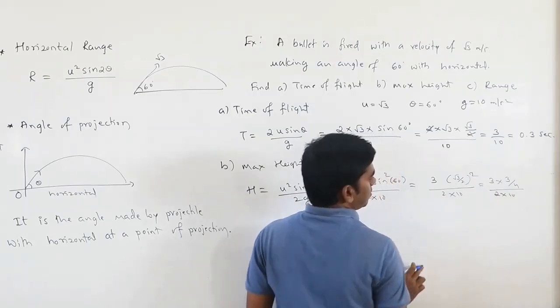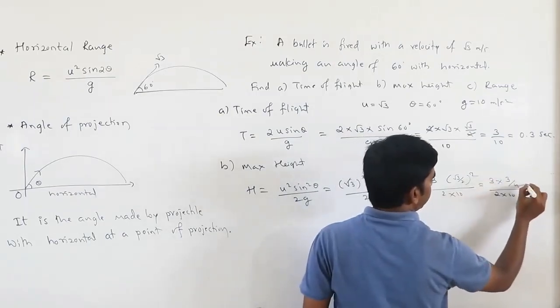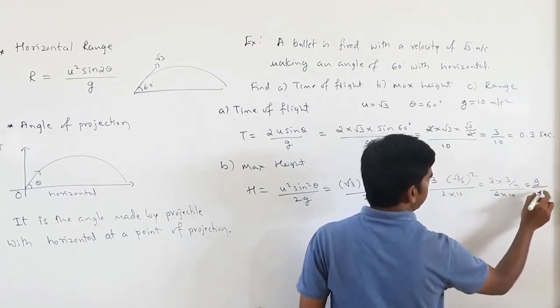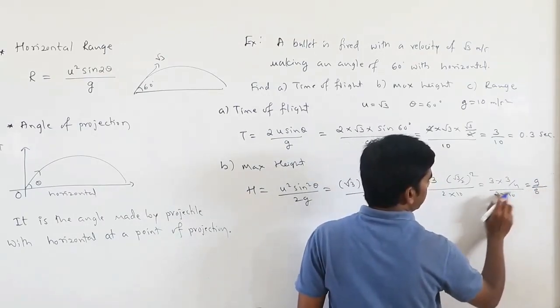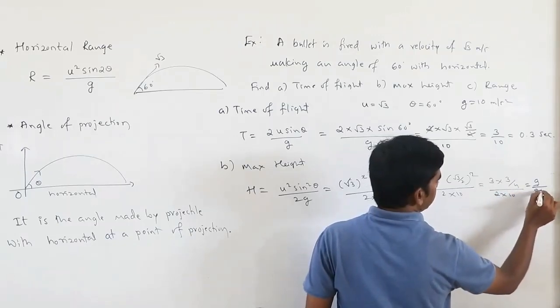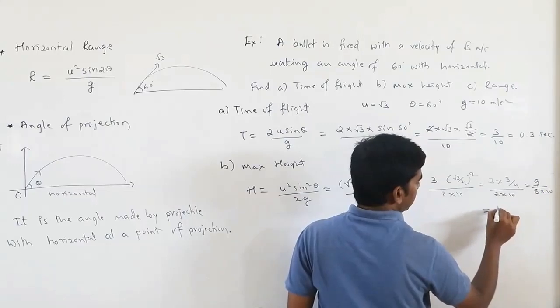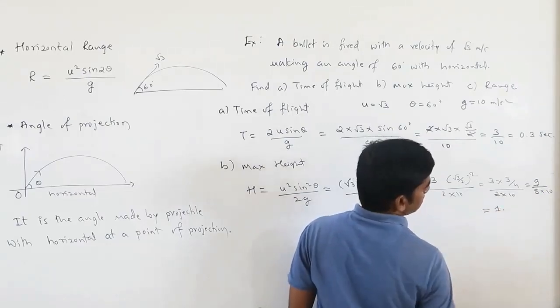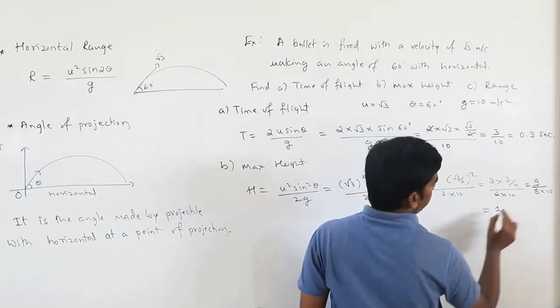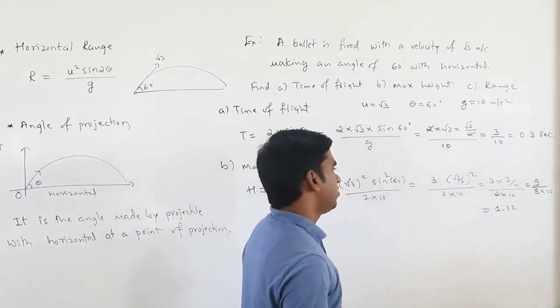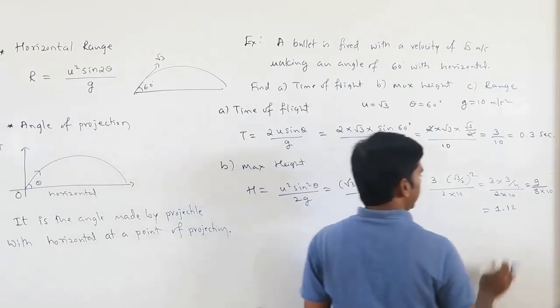So what will happen? 3 into 3 will be 9, and divided by 2 into 4 is 8, so 8 into 10. So 9 by 8 is something like 1.12.